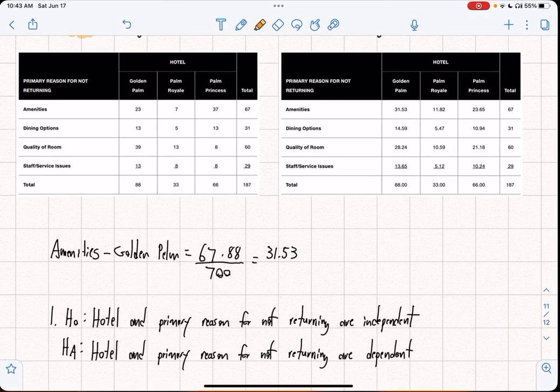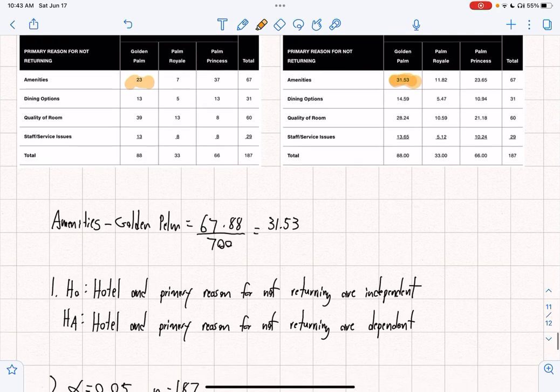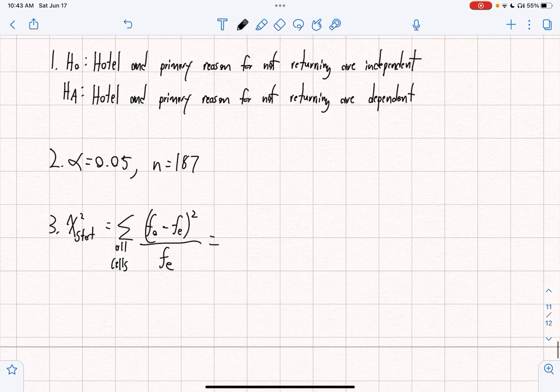So we would do 23 minus 31.53, squared, divided by 31.53. I already have these calculations, and we'll do this one in Excel as well. So 27.41 for the chi-squared stat.